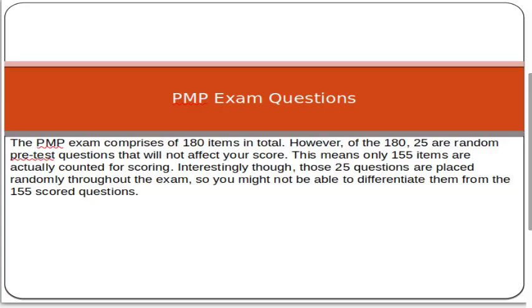Interestingly, those 25 questions are placed randomly throughout the exam, so you might not be able to differentiate them from the 155 scored questions. So there are 25 questions which you don't know, and they are not counted in the exam.